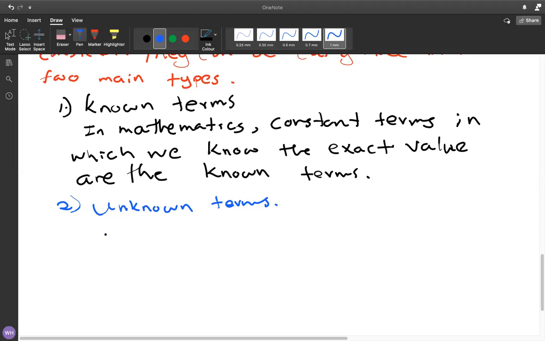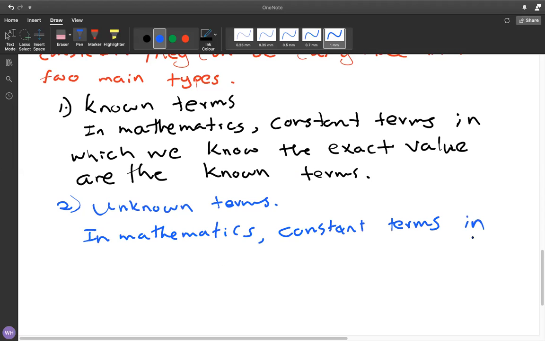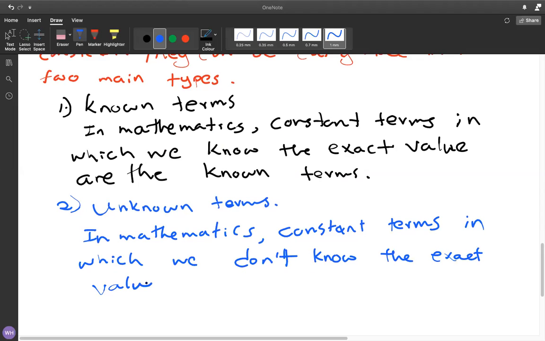Okay, let's write what unknown terms are. In mathematics, constant terms in which we don't know the exact value.